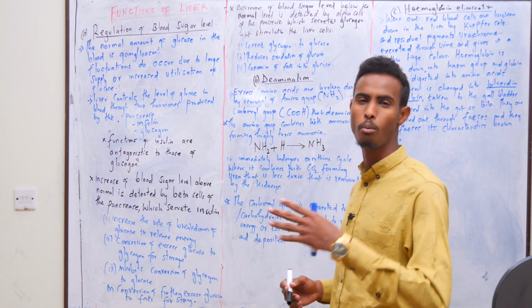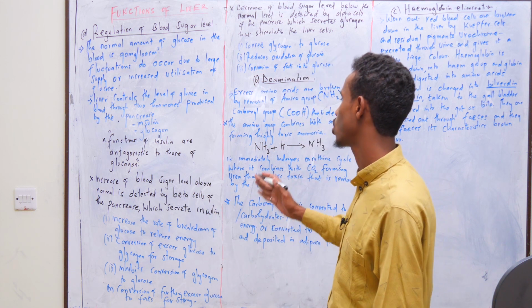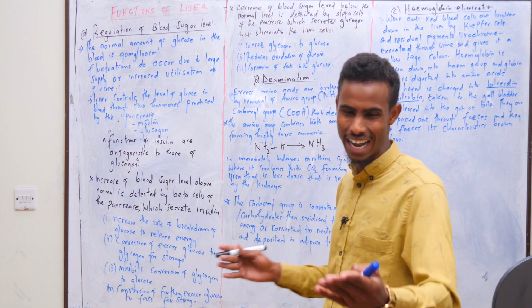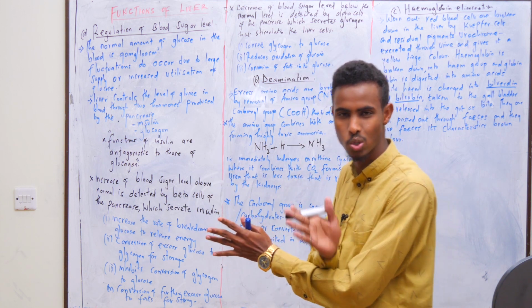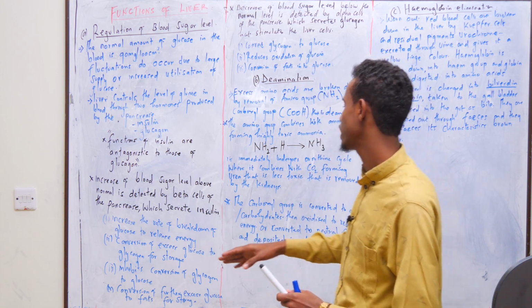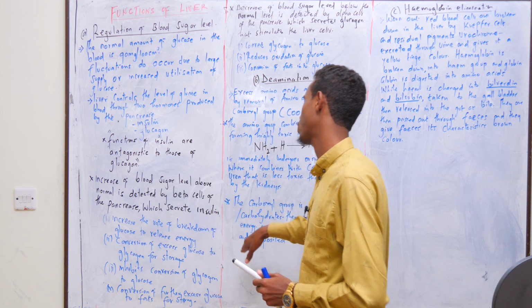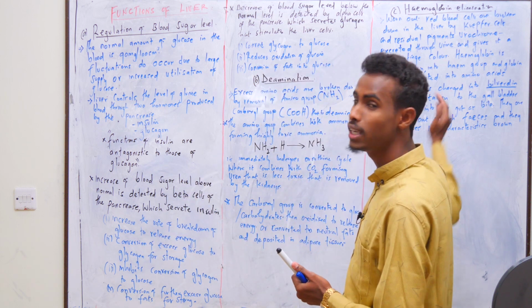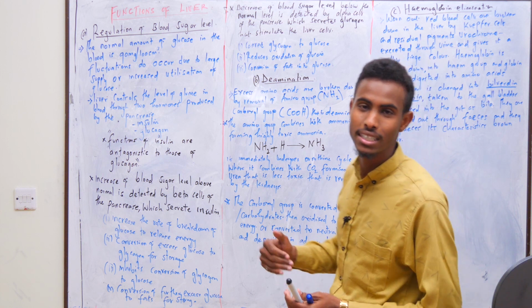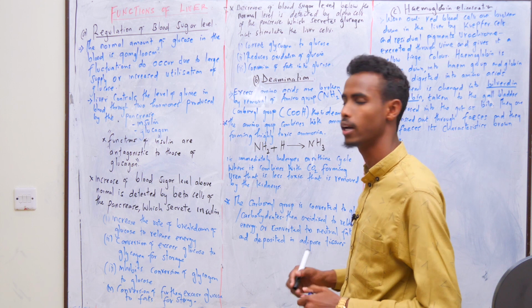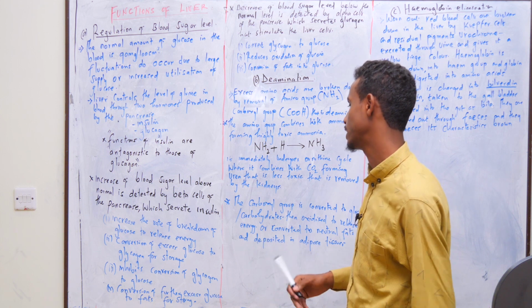Now, the liver controls the level of glucose in blood through two hormones: the hormone insulin and the hormone glucagon. The functions of insulin are antagonistic to the functions of glucagon. What do we mean by that? Insulin increases the rate of breakdown of glucose to release energy, while glucagon reduces the breakdown of glucose to release energy.